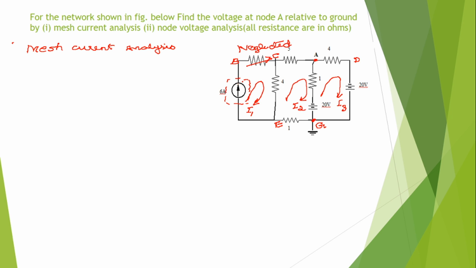In this path, only the mesh current I1 flows, so I can directly equate I1 equal to 6 amps, because the current source equals the mesh current. The I1 direction and the source current direction are the same. So now there is no need of applying KVL to mesh 1.